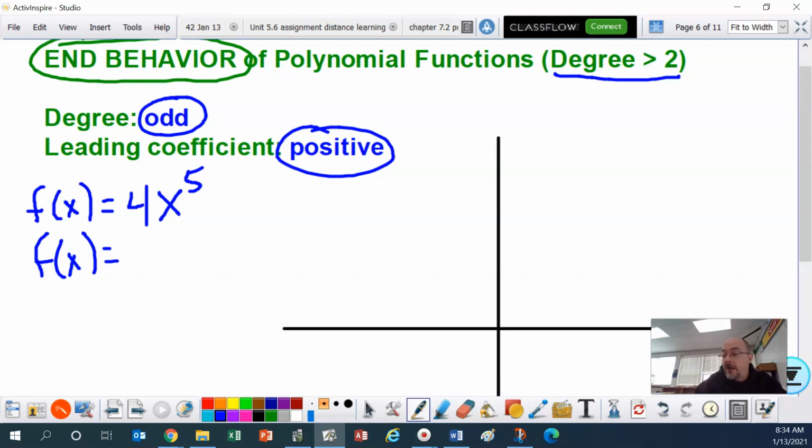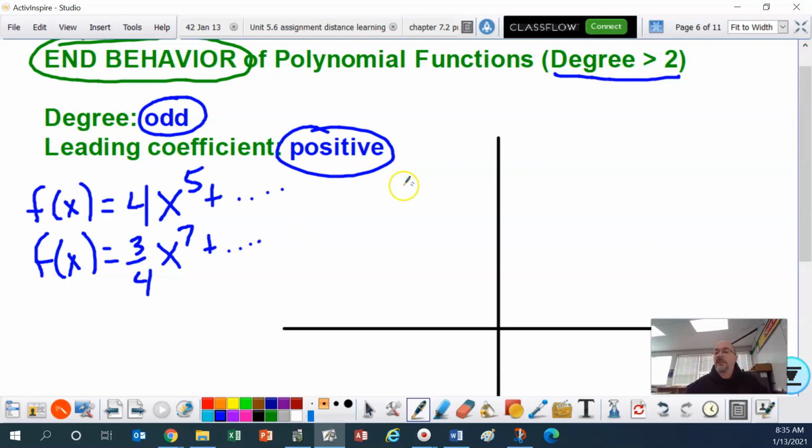I could have a positive real number, so I could say 3/4 x to the 7th power. As long as the degree is odd and the lead coefficient is positive, there could be all kinds of stuff behind that, but that's the lead coefficient and the degree.